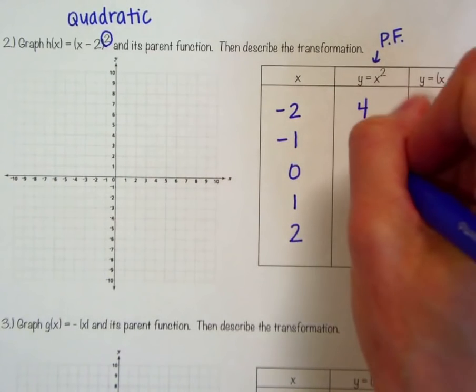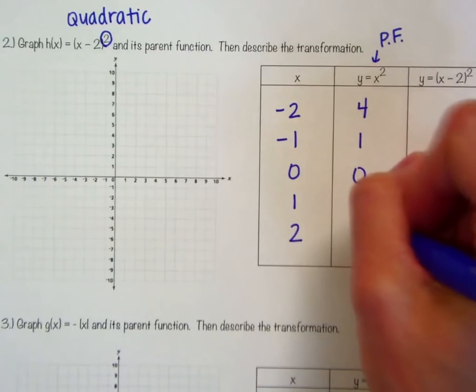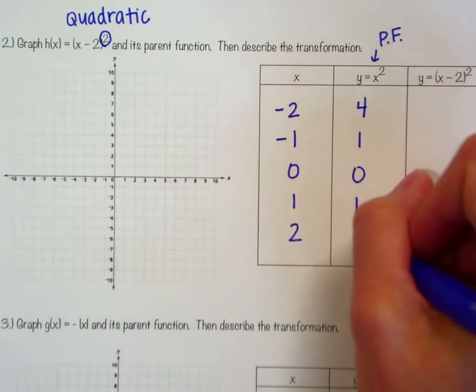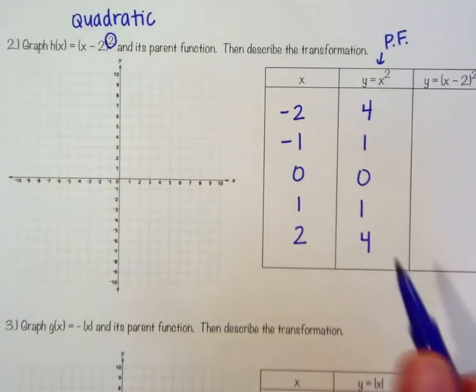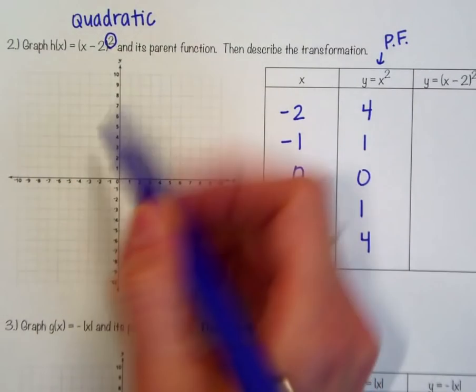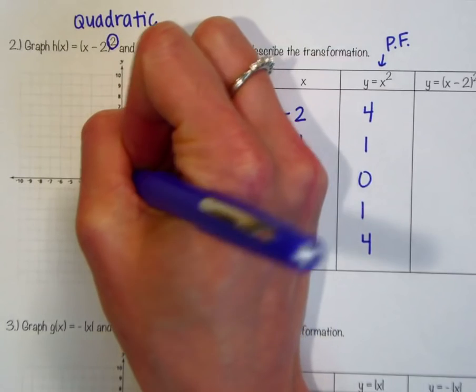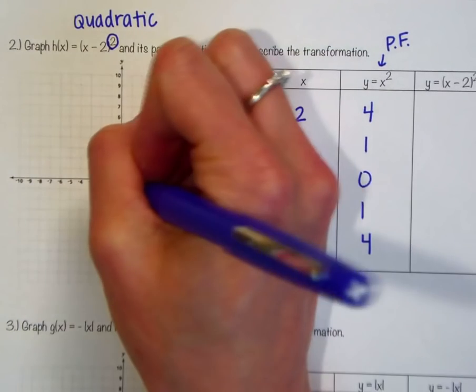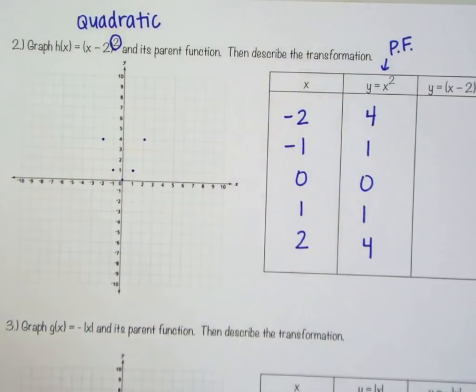Negative 1 squared is going to be 1. 0 squared is 0. 1 squared is 1. 2 squared is 4. So when I plot those, negative 2, 4 would be right here. Negative 1, 1 would be here. 0, 0. 1, 1. 2, 4.